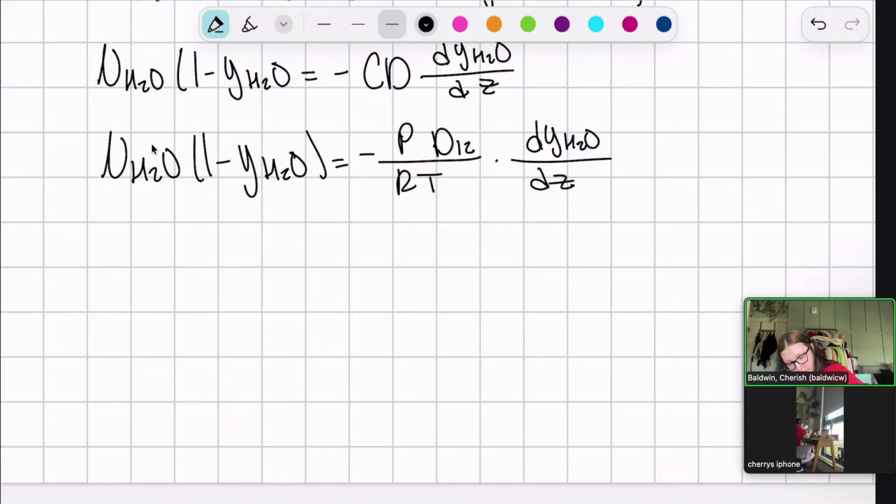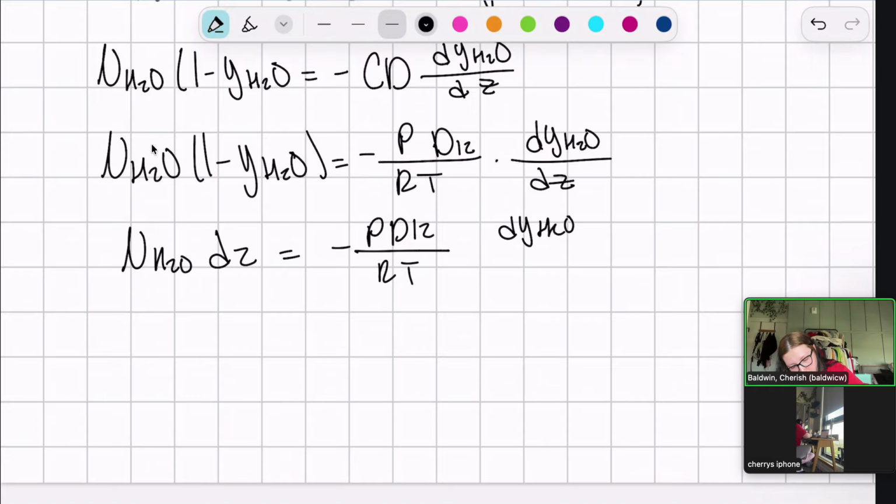We're going to separate these. So it's going to be N H2O dz is equal to negative P D12 over RT times dY H2O over 1 minus Y H2O.